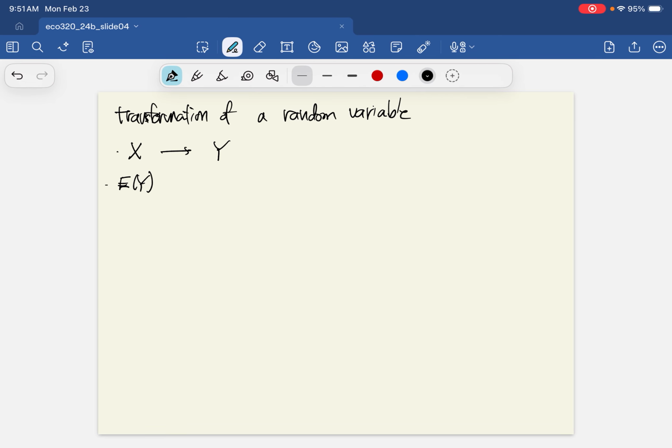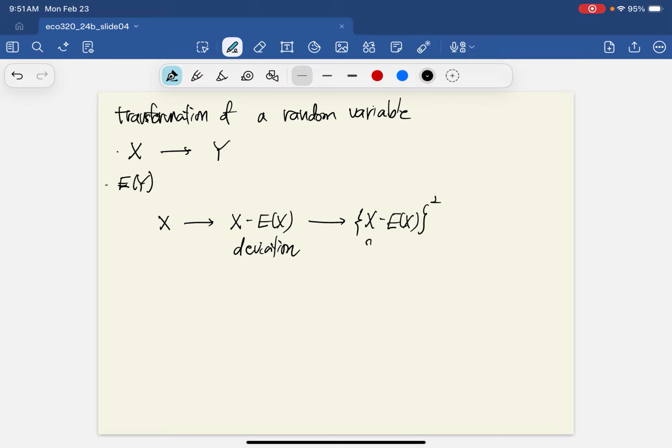For the variance, the original variable is x, but we are not interested in the expected value of x. We transform x into x minus mean, which is the deviation, and then we transform the deviation into the squared deviation, right?